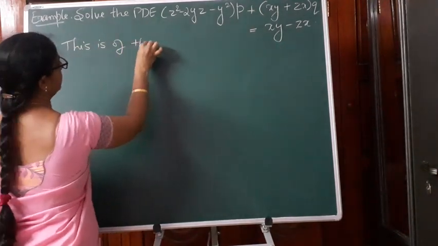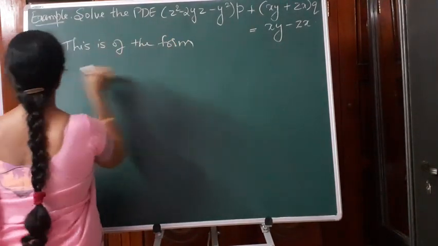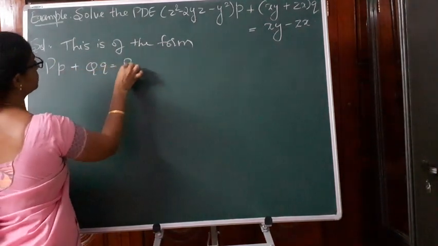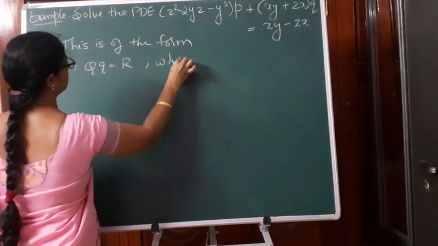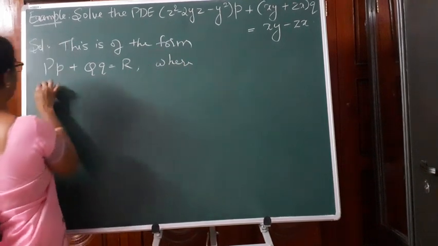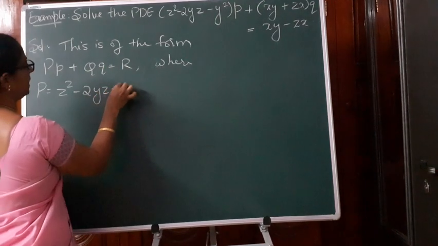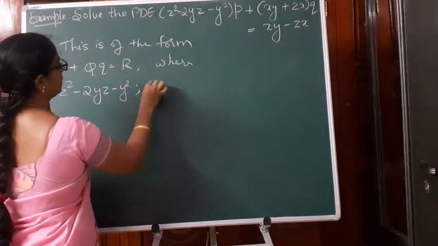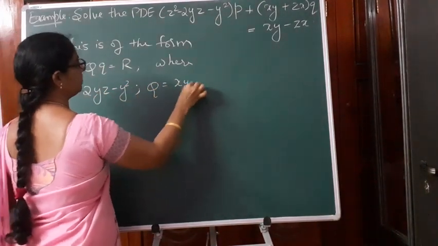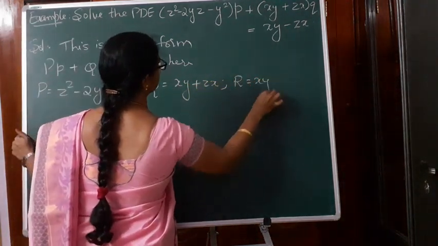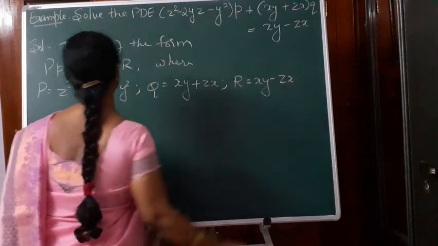The given PDE is of the form P p plus Q q is equal to R, where capital P is z square minus 2yz minus y square, capital Q is xy plus zx, and capital R is equal to xy minus zx.